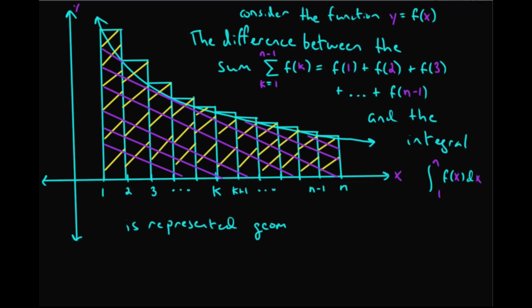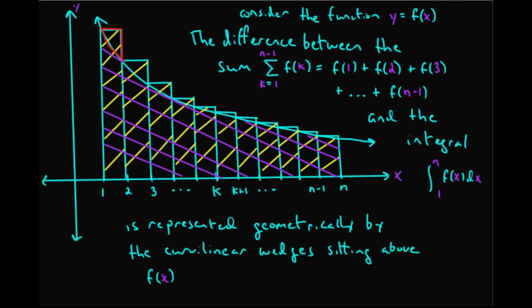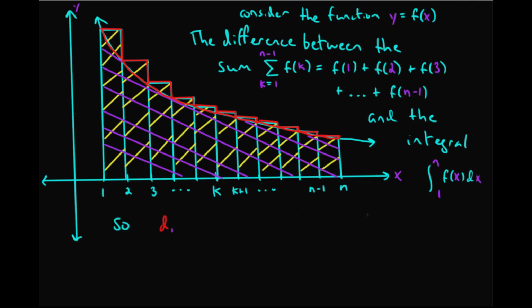And so in this picture, the difference between those two areas is going to be represented geometrically by the sum of the areas of all the curvilinear wedges that are sitting above f of x, which I've outlined here in red. And let's call the sum of these areas d sub n. And so d sub n equals this difference.